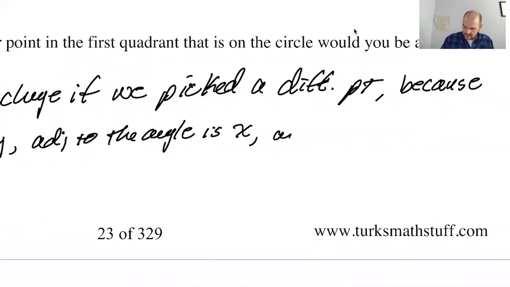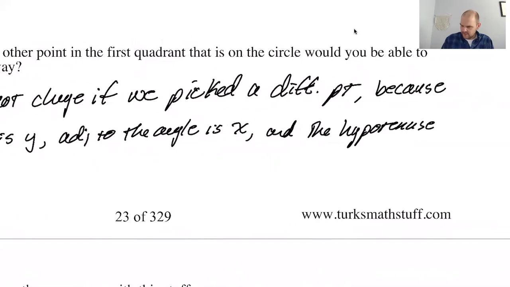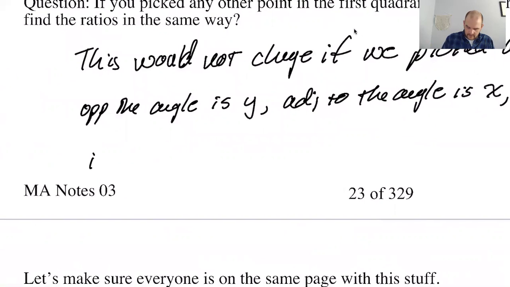And the hypotenuse is 1, which is the key feature of the unit circle.